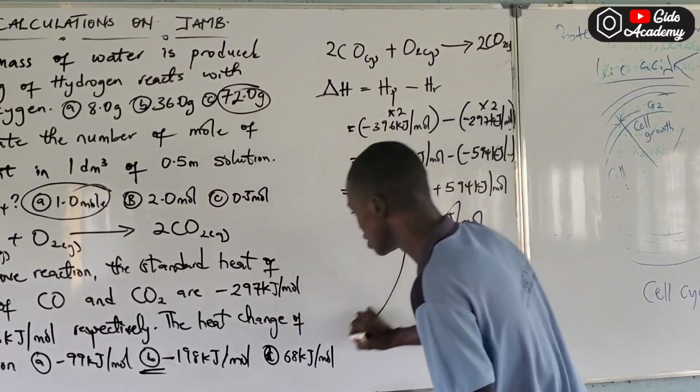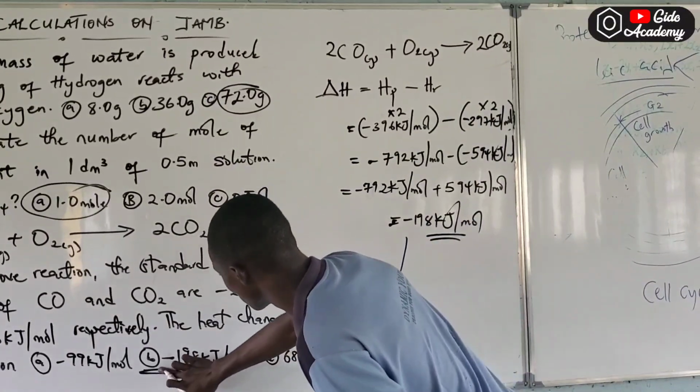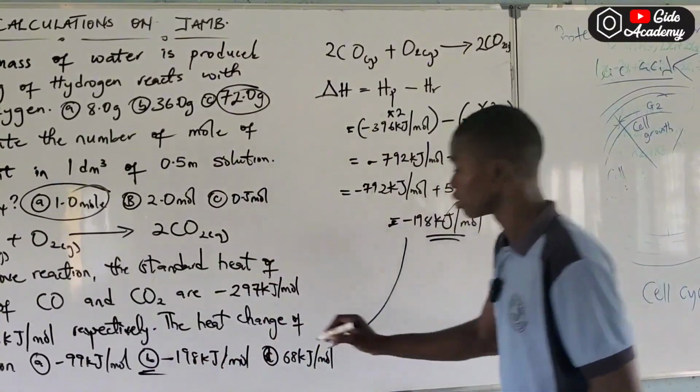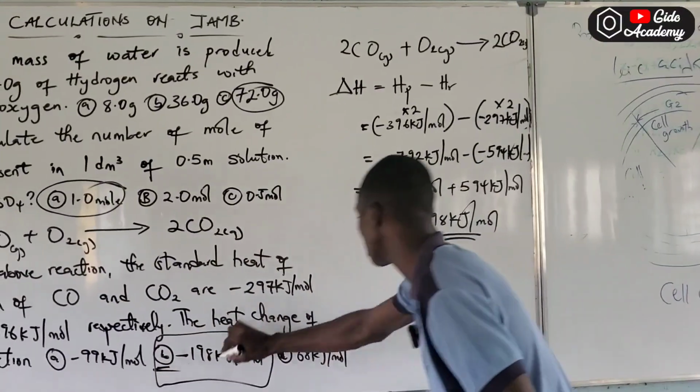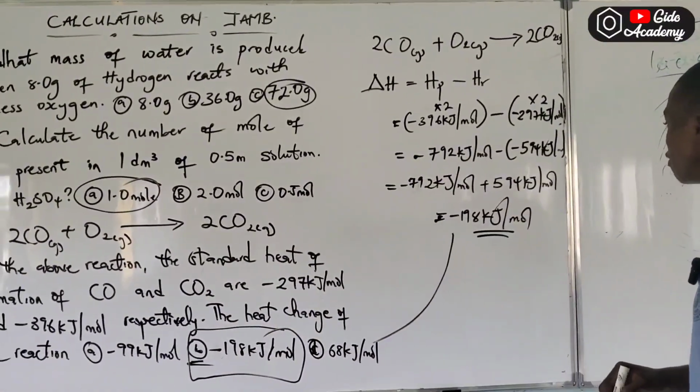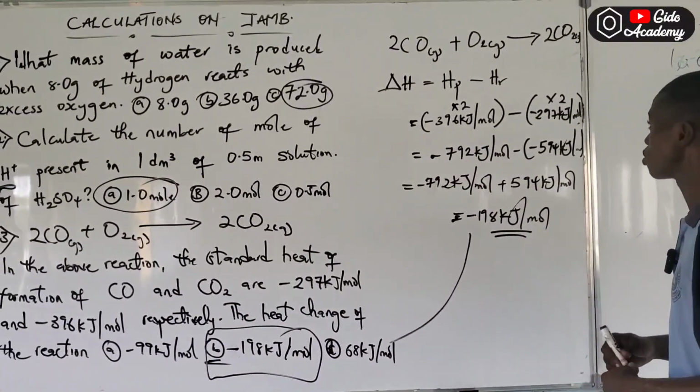So let's trace it here. The correct answer is option B. So option B is the correct answer to this very equation. We are going to have minus 198 kilojoule per mole.